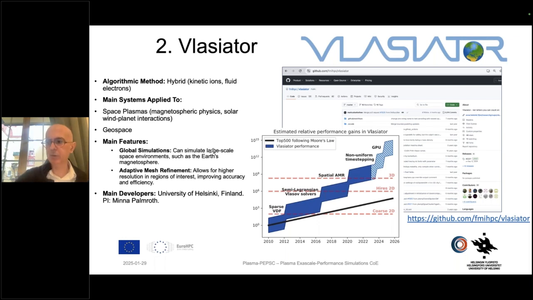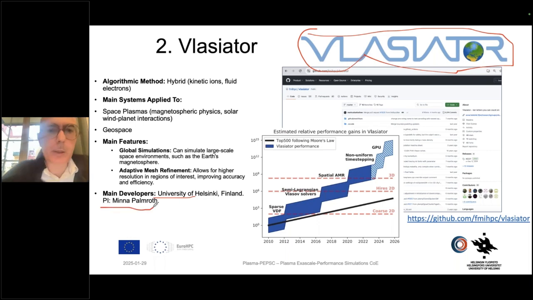PIConGPU is specialized in GPUs, with very extreme scalability on very large systems. The second code is the Vlasiator code, developed by the University of Helsinki in Finland. There's a huge team around it, but the PI is Minna Palmroth. This is a code that is mainly designed for studying space plasma.